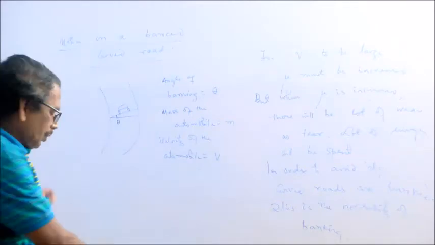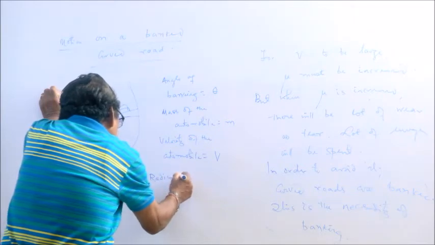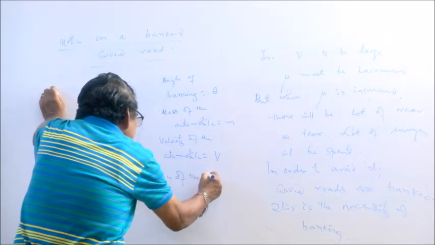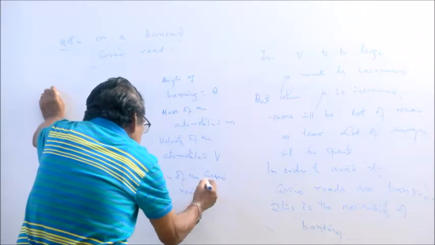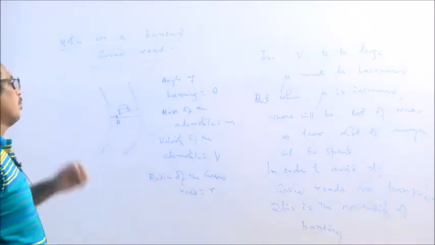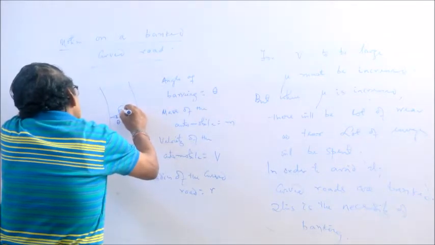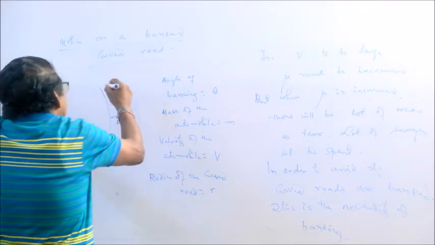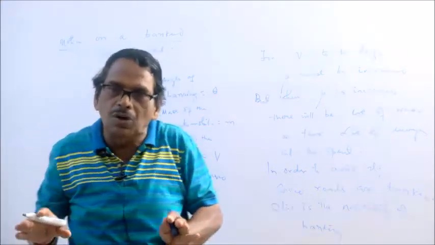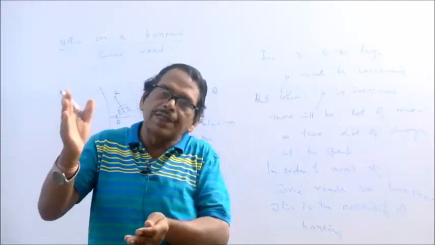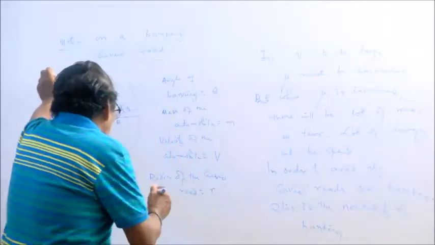The radius of the car road is r. So, what is the reaction of the ground? The reaction of the ground is like this, because the automobile is in a tilted position. The road is not plane on both sides. The outer side is raised to some extent. Therefore, the automobile is in a tilted position. So, this is the reaction of the ground.